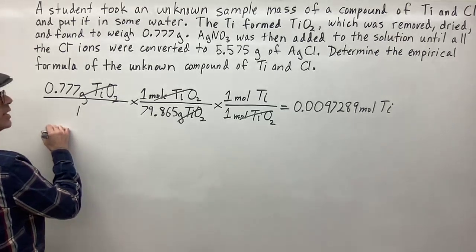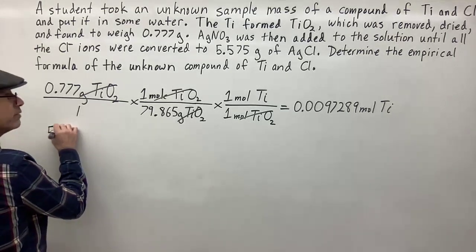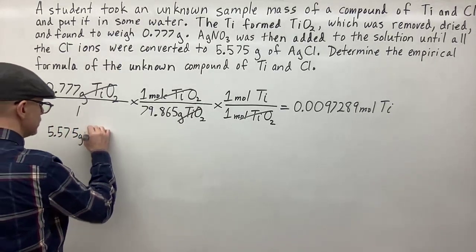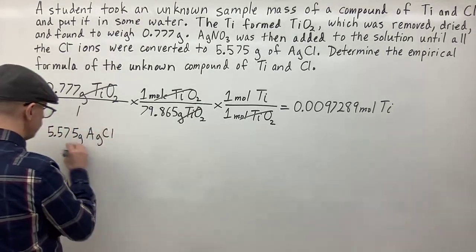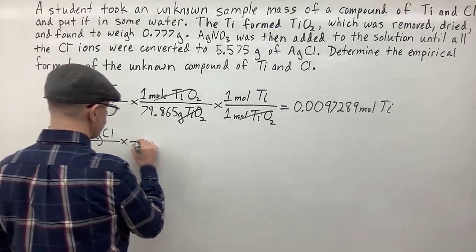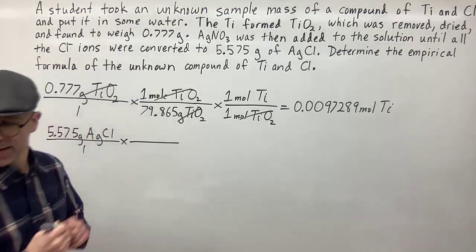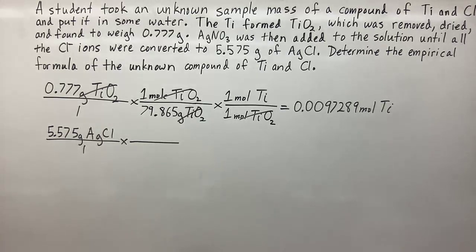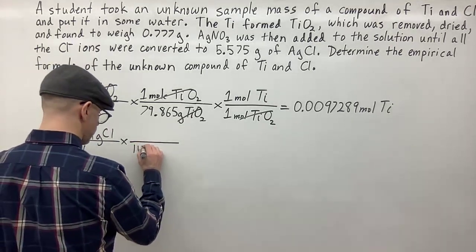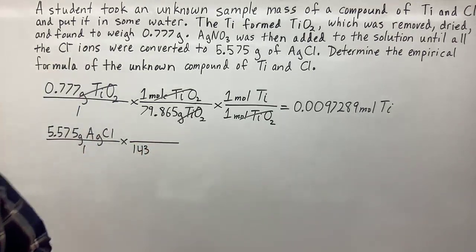So I'm going to take the 5.575 grams of silver chloride, and then I'm going to convert it to moles using the molar mass. And the molar mass of silver chloride is 143.32, I believe.